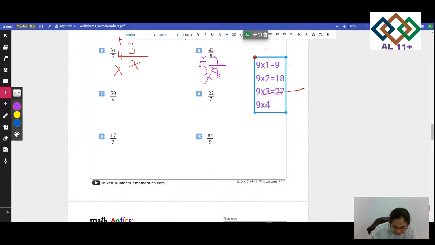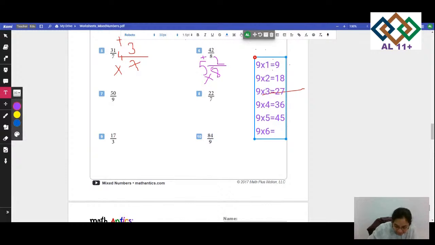And you need to keep writing. 9 fours are 36. Then you have 9 multiplied by 5 is 45. 9 multiplied by 6, I think that will get more.